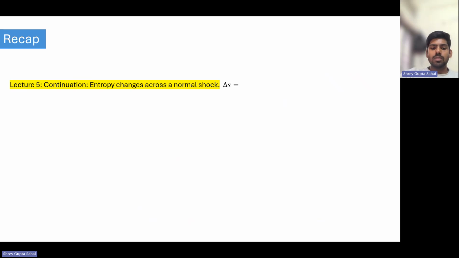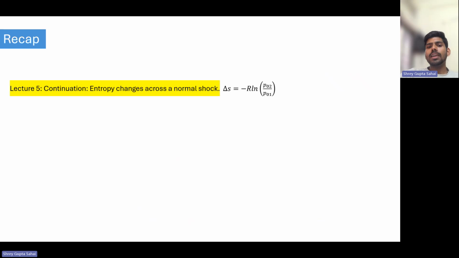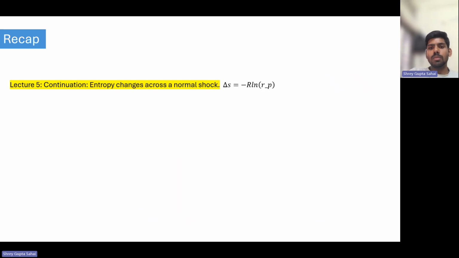Delta S is equal to minus R ln P naught 2 divided by P naught 1. Now, this would imply that if P naught 2 by P naught 1 is less than 1, then minus R ln of this ratio, let's write this as total pressure ratio, is positive.